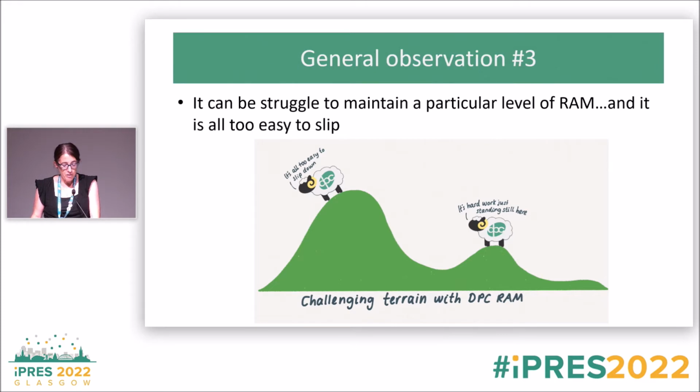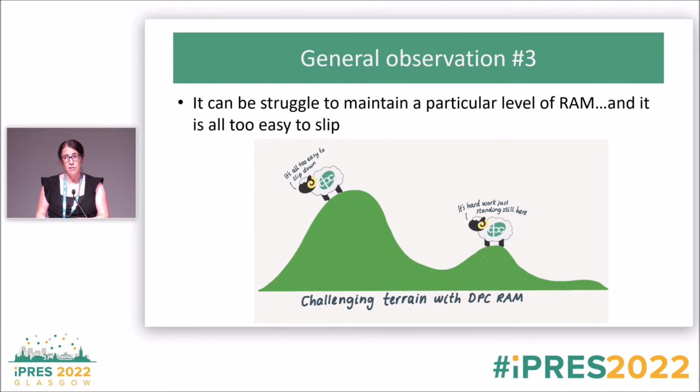So observation 3, we've seen it can be a struggle to maintain a particular level of RAM, and it's all too easy to slip. And as I say, there's no judgment on members who are slipping backwards, of course. We offer support. That's what we do. We don't start wagging fingers and saying, why have you slipped down? And we should also give credit to those that just manage to stay where they are, because actually, those who simply manage to maintain a particular level of RAM deserve some praise as well.